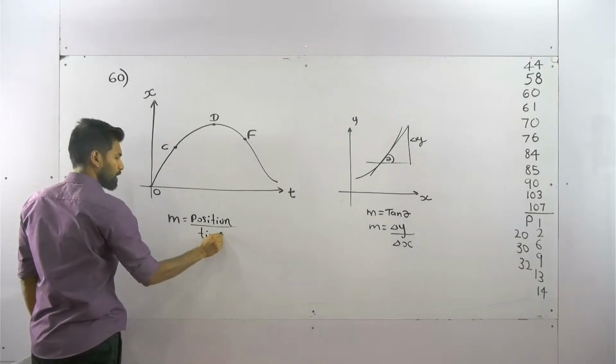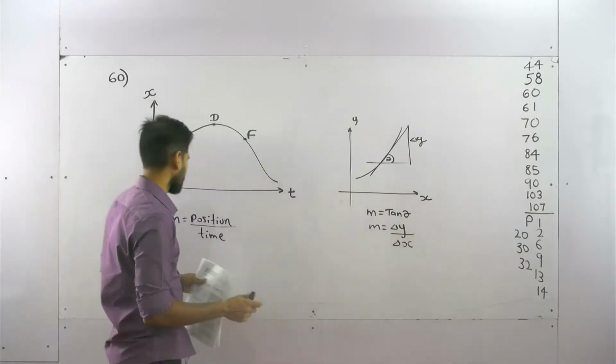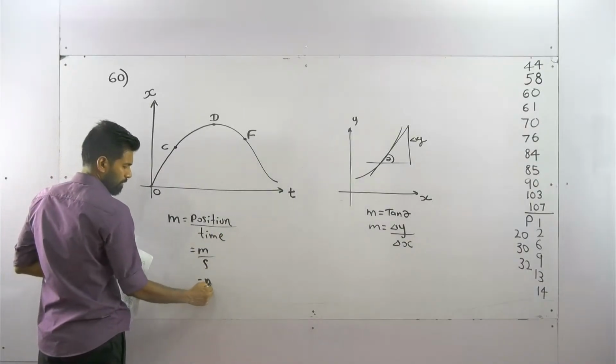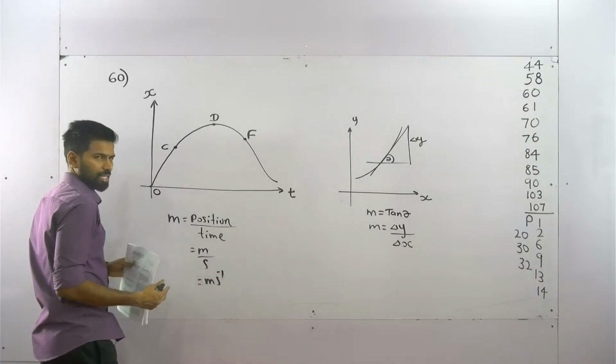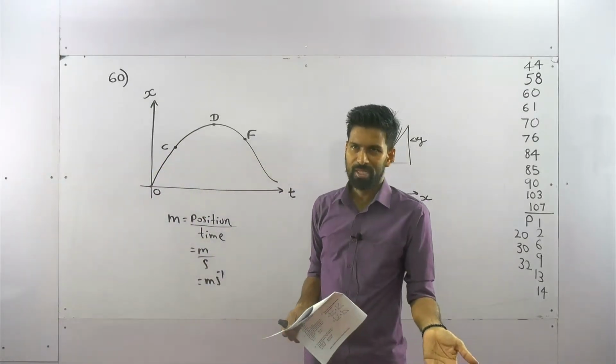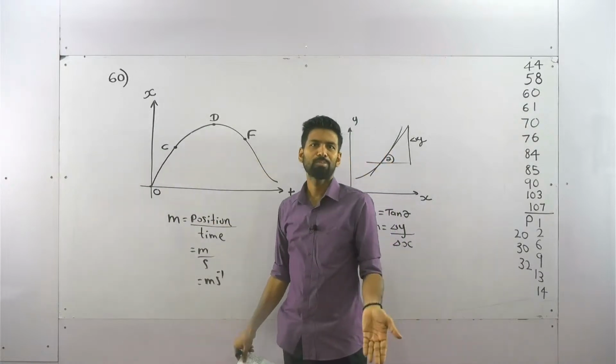Position is measured in meters and time in seconds, so meters per second. So this is a displacement, the position.